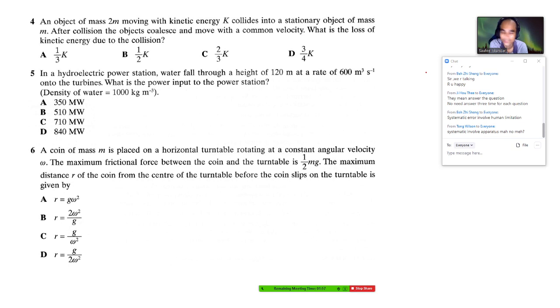Okay, we have 1 more minute. So could it be D also, right?